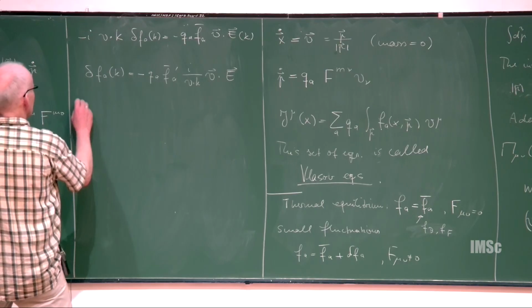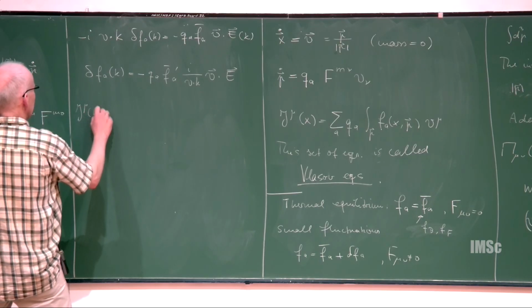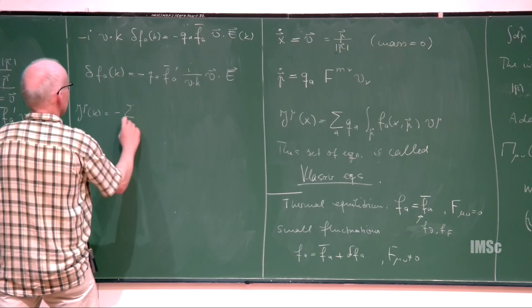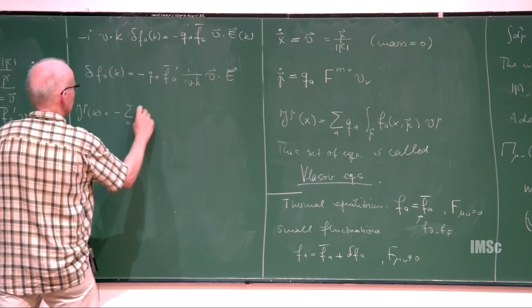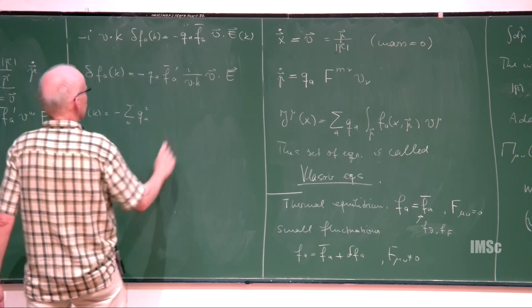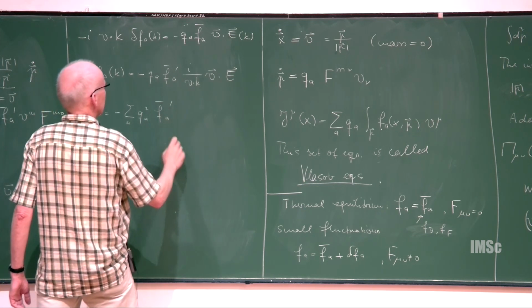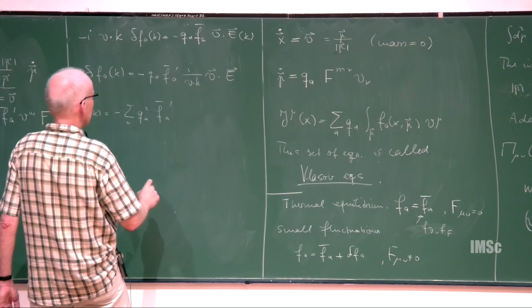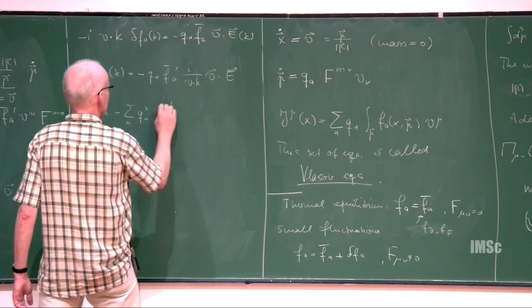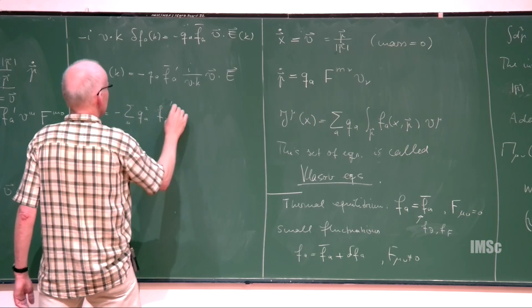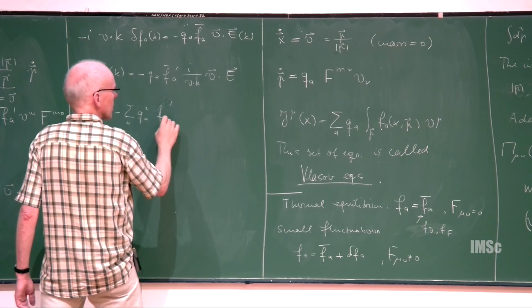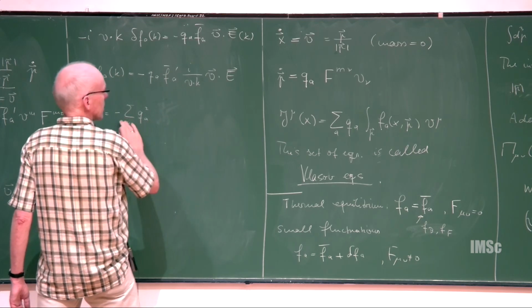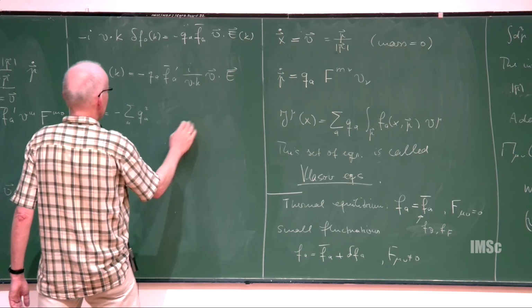So the current J mu of k equals minus the sum over a, with the charge q_a times delta f times v.